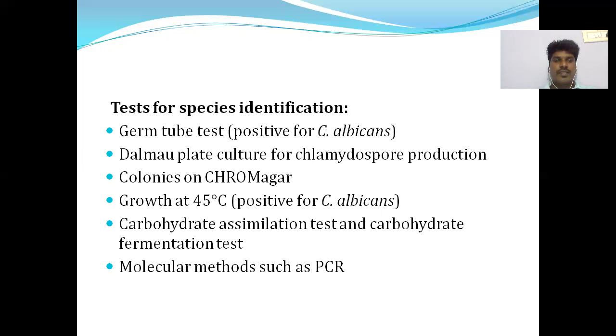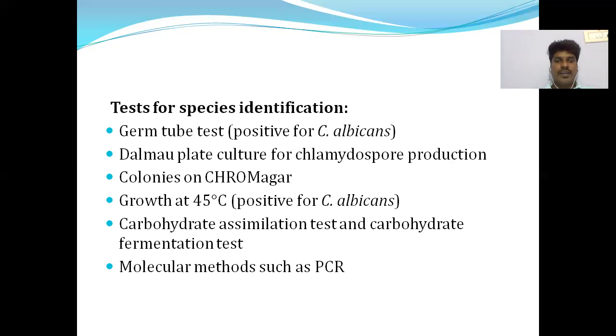The next test is the Dalmau plate technique. In this technique, you can identify the chlamydospore production of the Candida species. And also we can inoculate the Candida organisms on chrome agar. Based on the colonies, we can identify the various species of Candida.